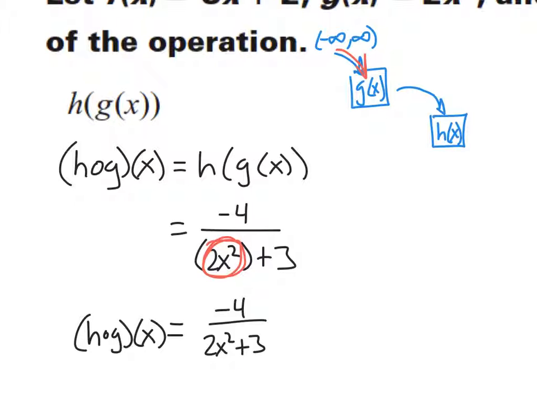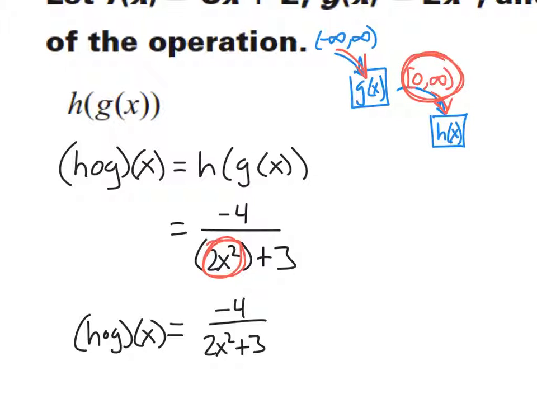So we have 0 to infinity getting plugged into the h of x function. But h of x had a restriction. What was the restriction? -3. The problem, which actually is not a problem at all, is -3 in that range?